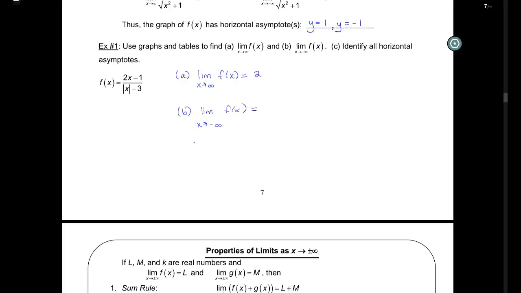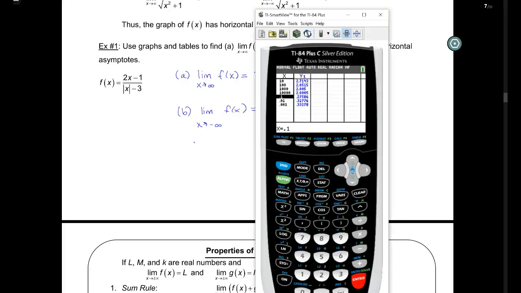Now, for part B, we want negative. So instead of positive 10, positive 100, I would just put in negative 10, negative 100. What are you getting? Second window.